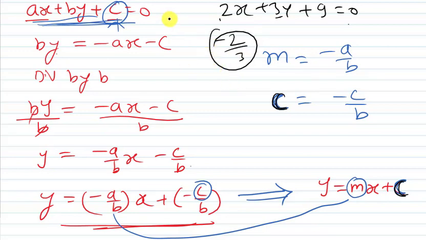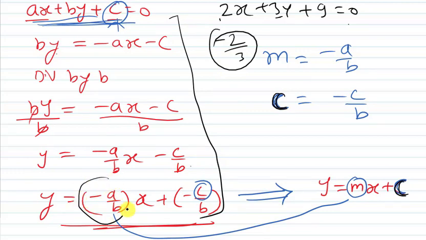Or you can perform all these steps. Just remember the formula: minus a by b is your slope, minus c by b is your y-intercept. Generally, we need to find the slope only, but in some cases we also need to find the y-intercept, x-intercept. See, in this way you can find the y-intercept. Right? Got this?